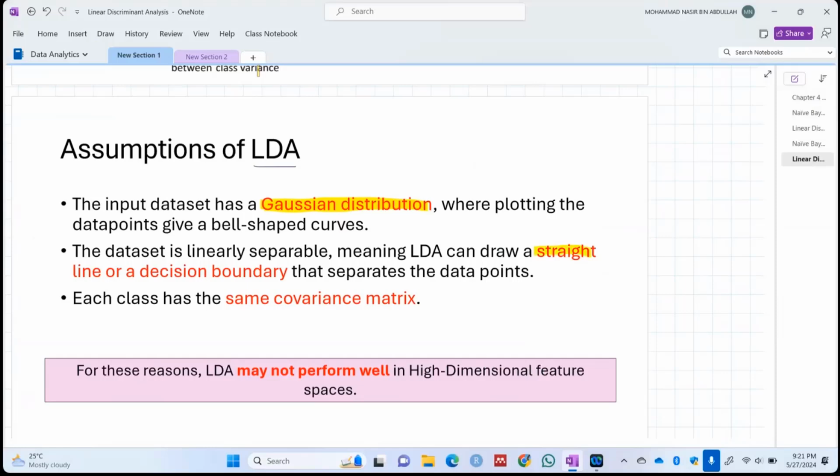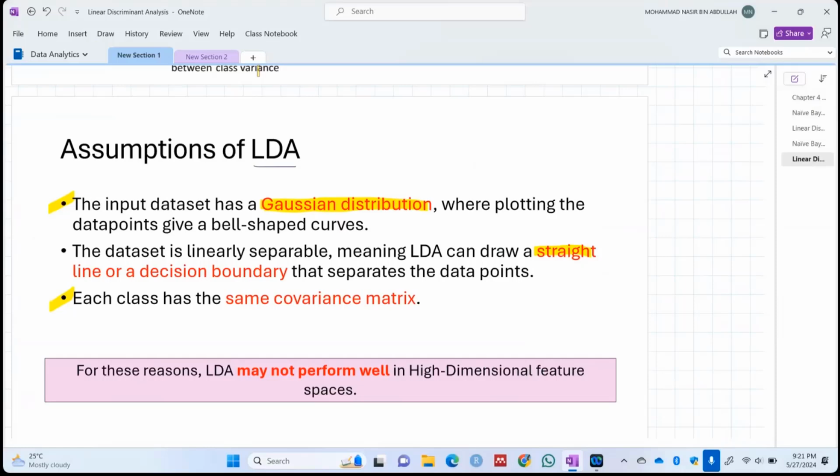separates the data points. And another assumption for linear discriminant analysis is that each class has the same covariance matrix. It means that the variance for class y equal to 0 is also equal to the variance for y equal to 1. This rarely holds if you have many classes and high dimensional data.